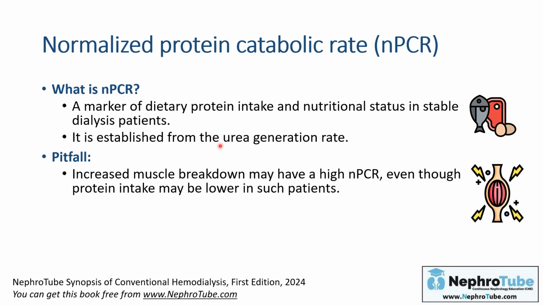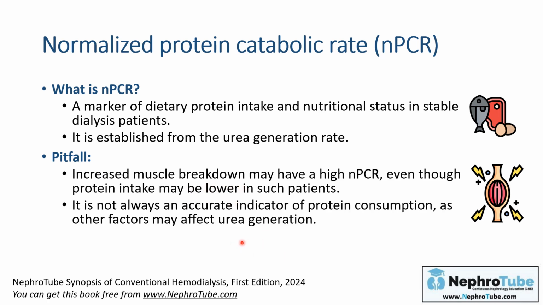The main concern about the normalized protein catabolic rate, its pitfall, is that if there is muscle breakdown or any factor that affects urea generation, it will affect the normalized protein catabolic rate.